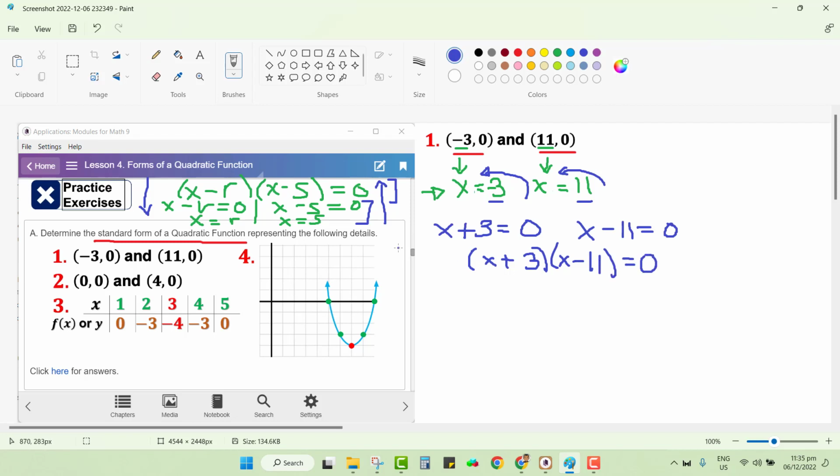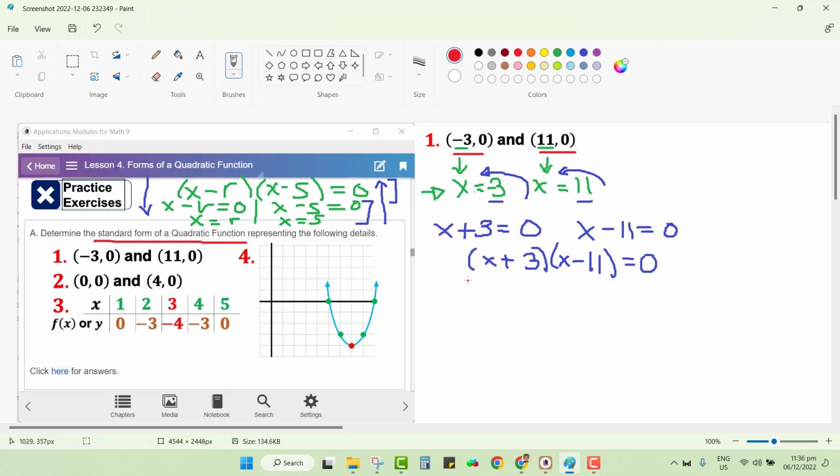Again, this is the reverse operation of the zero factor property: from factors you get the roots, and here we have the roots as the intercepts, and we return the operation to get these two binomials here.